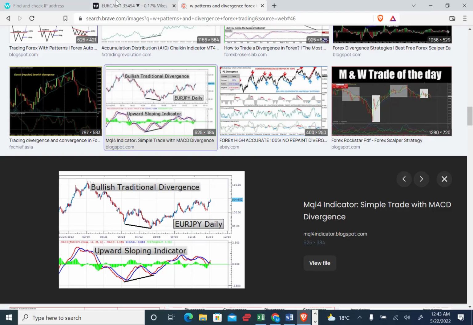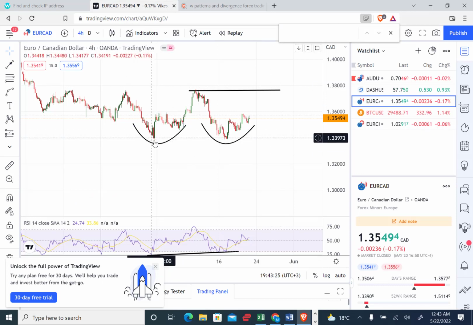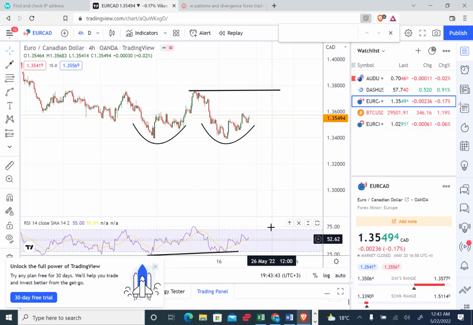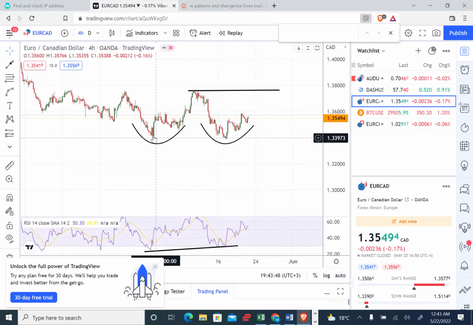reversal patterns. So in this case, we can see Eurocad. They formed a low here, then it formed a lower low, yeah, because it's slightly lower than the previous low, or okay, almost equal low. And then, but when it comes to our momentum indicator, the last time the price was at 1.33915, our momentum indicator was around 24.81.